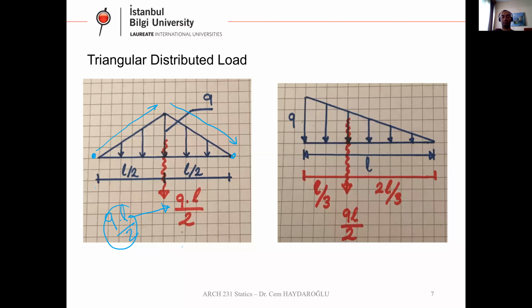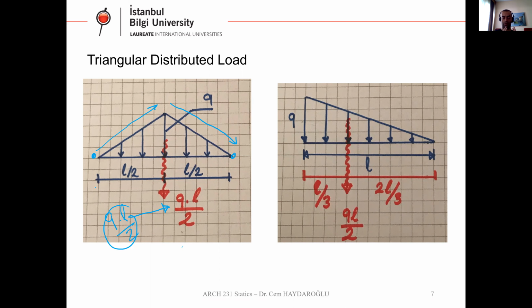Let's have a look at the right-hand side. We have a right-angle, perpendicular triangle. What is the magnitude of this loading? Area of this triangle. It's basic. The rule is the rule here.